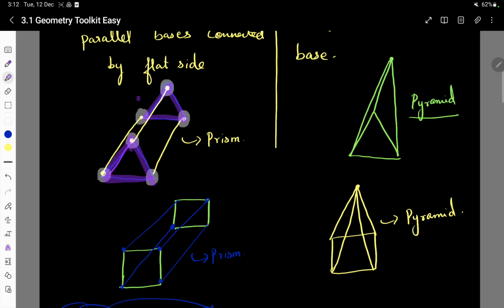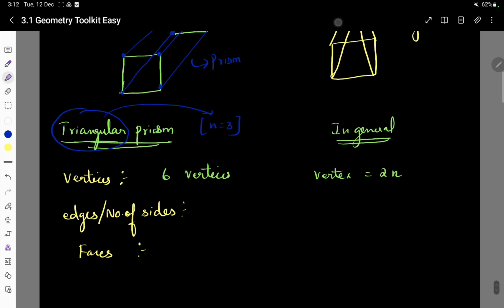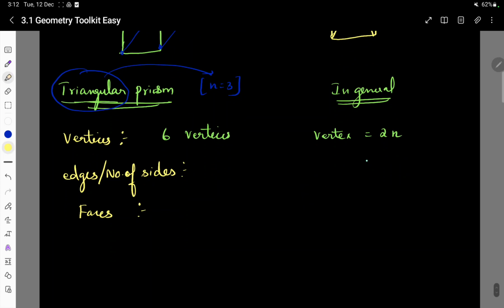Then from each and every vertex you are joining this, again 3, which means it is 3 into 3, 9. So which means in general I can say it is 3n. In general, edges will be equal to 3n.